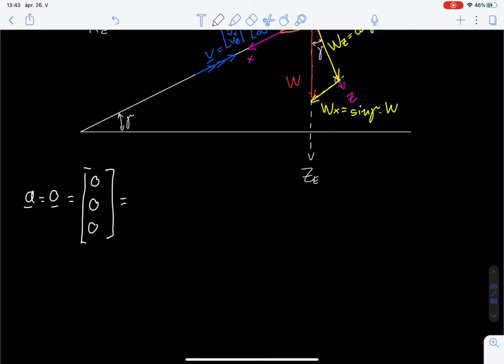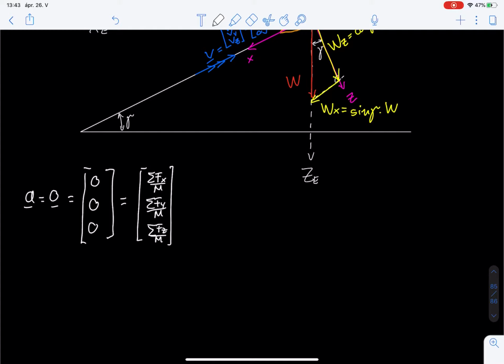And so we also know that the acceleration in the three coordinate axes is going to be the sum of the forces in the x direction over the mass, the sum of the forces in the y direction over the mass, and the sum of the forces in the z direction over the mass, right?